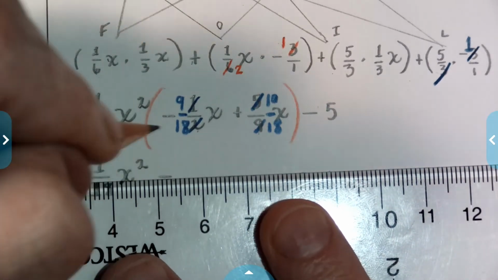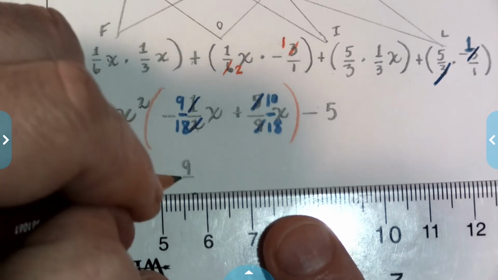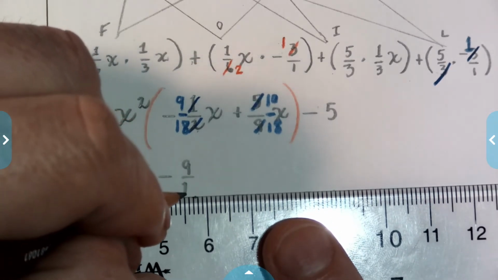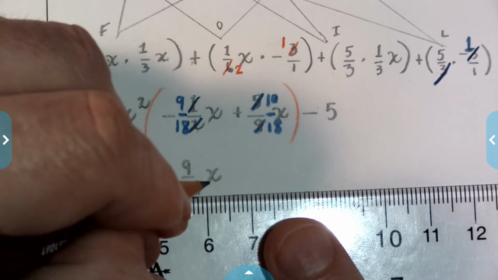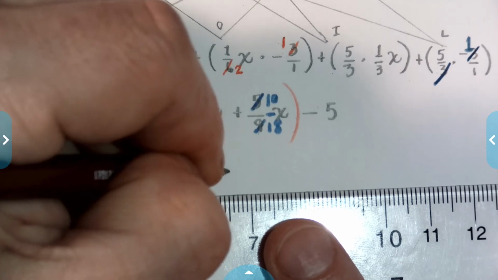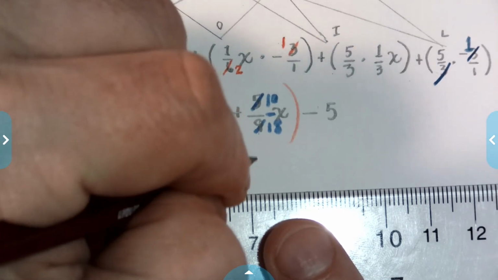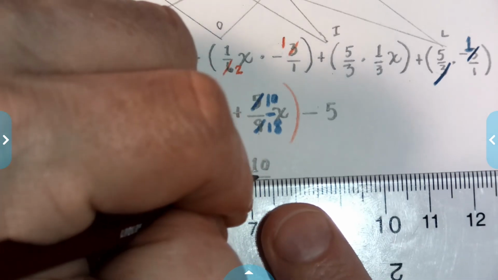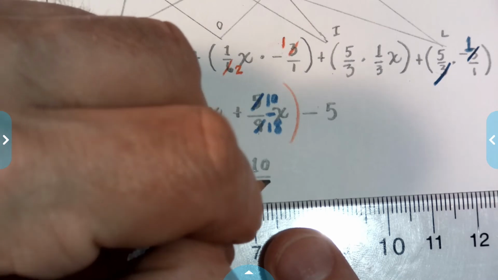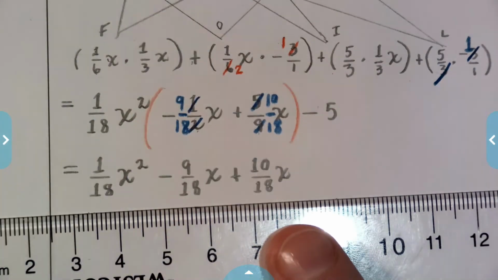I've got negative 9/18 x, which reduces down to 1/2, plus 10/18 x, which reduces down to 5/9, minus 5.